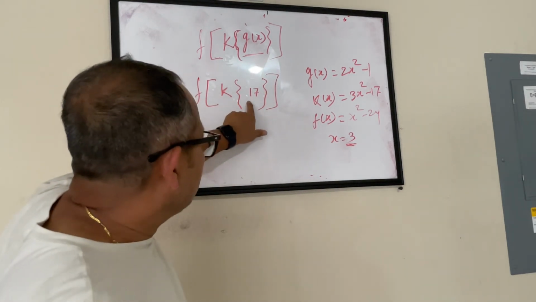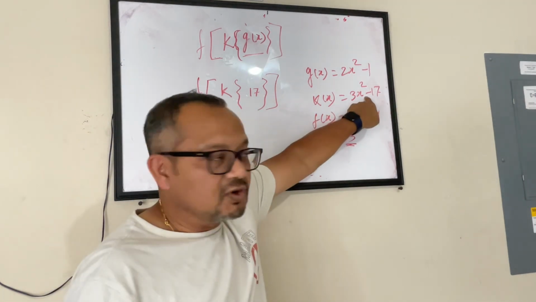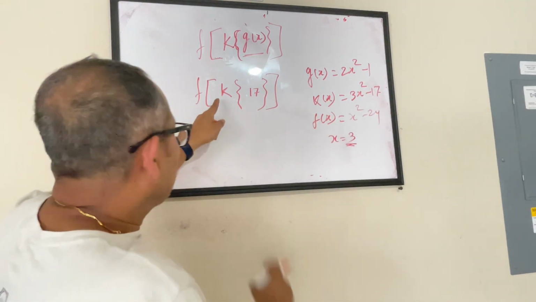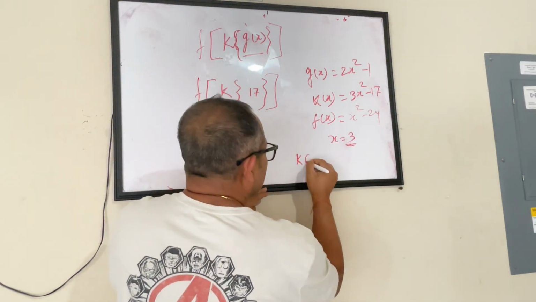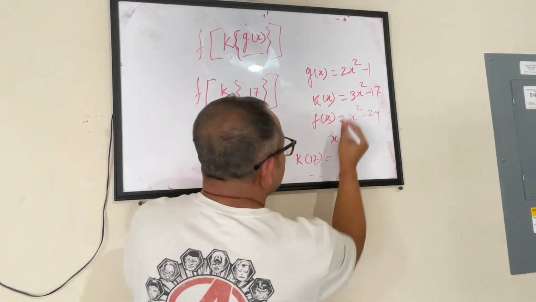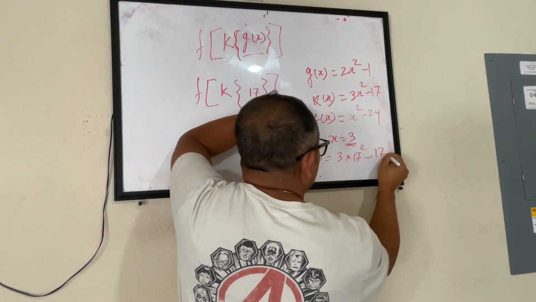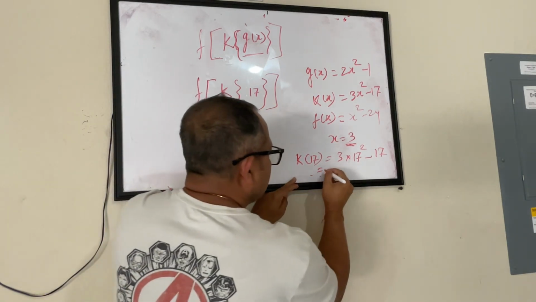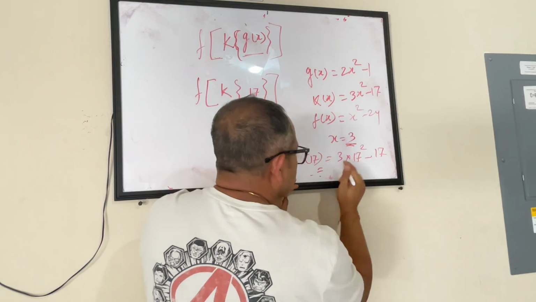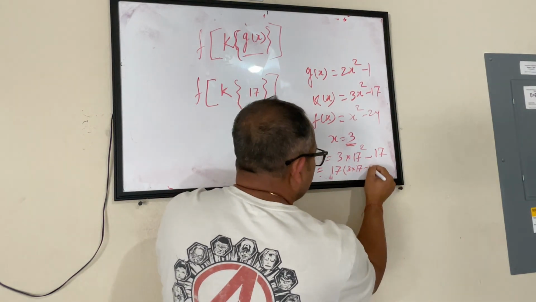Now we know that k of x gives me this formula. So let me knock off the k and work with that. We know that k of 17 would be this one, 3 into 17 squared minus 17. So this becomes 17 times, 3 into 17 minus 1.